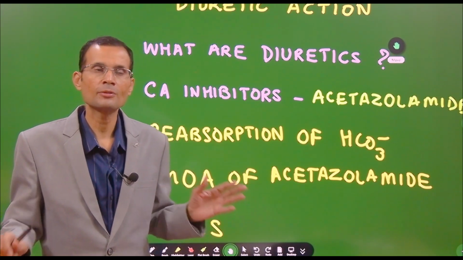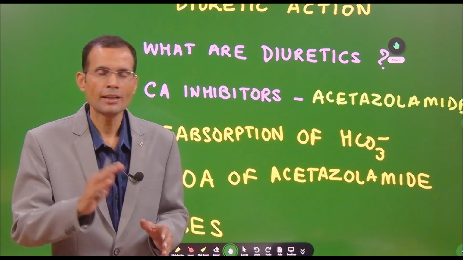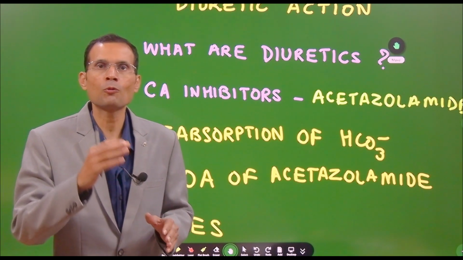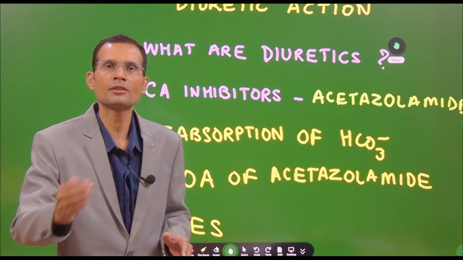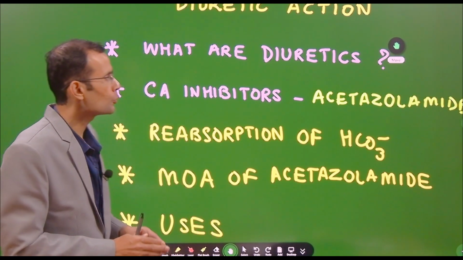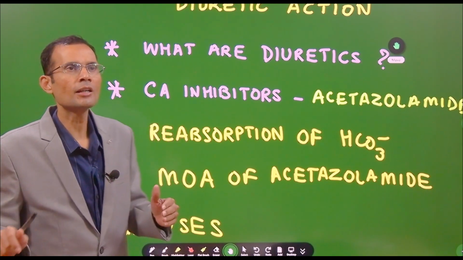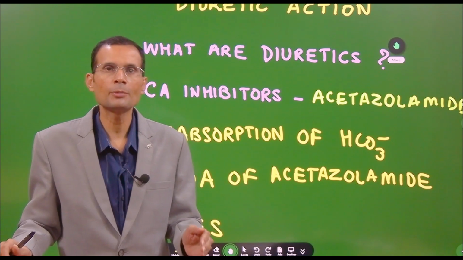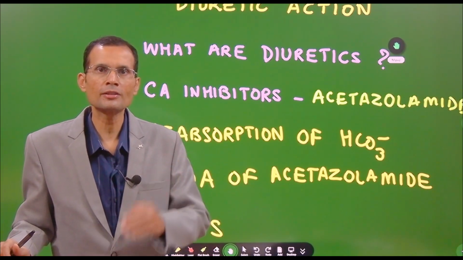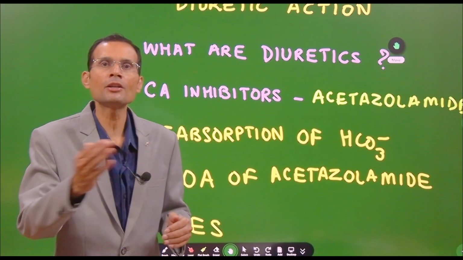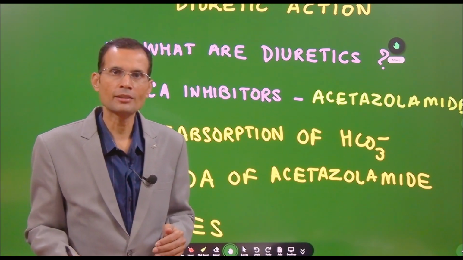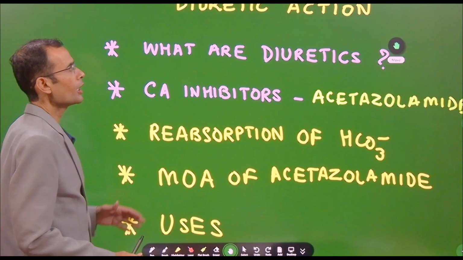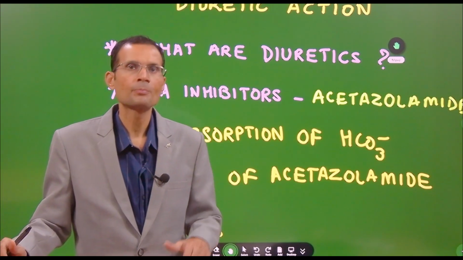Instead of diuresis, they are being called aquaretics. That is, they do not cause natriuresis, they just cause water loss, aquaresis, water loss into the urine. Then there are categories like carbonic anhydrase inhibitors or osmotic diuretics. They work independent of the action of natriuresis. So that's the basic information about the categories of drugs.